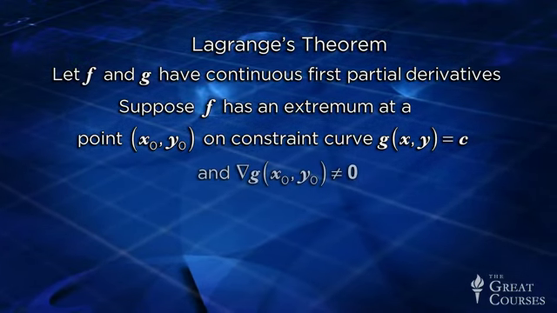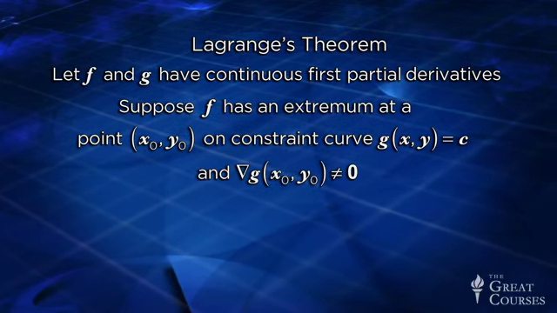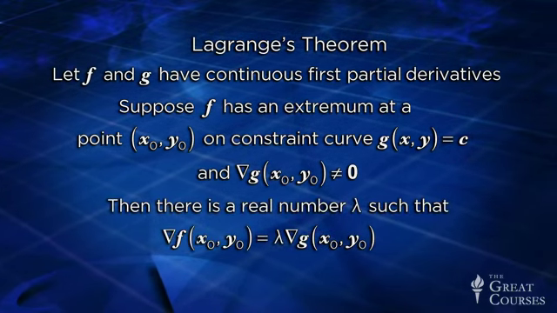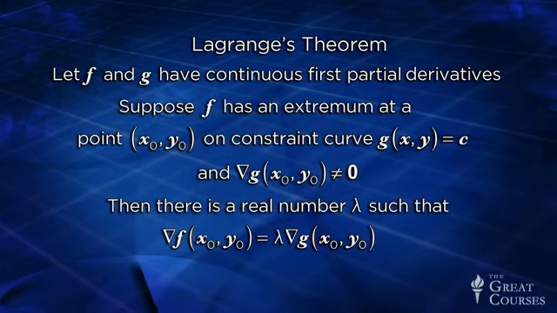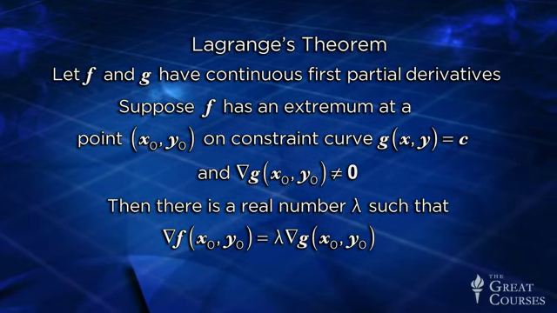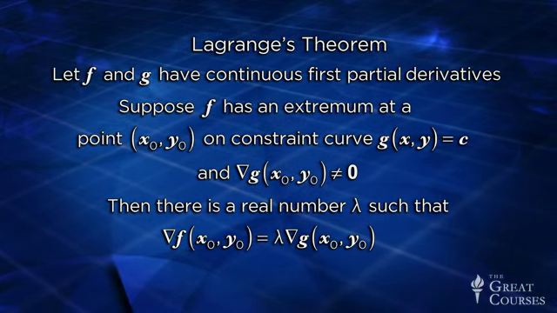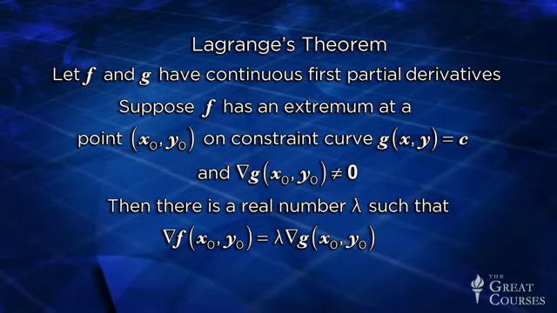And of course, the gradient of g cannot equal 0. Okay, so given that setup, it turns out that the gradient of f is a multiple of the gradient of g. In other words, gradient of f equals lambda gradient of g at that maximum point or minimum point. And that's the heart of Lagrange multipliers.